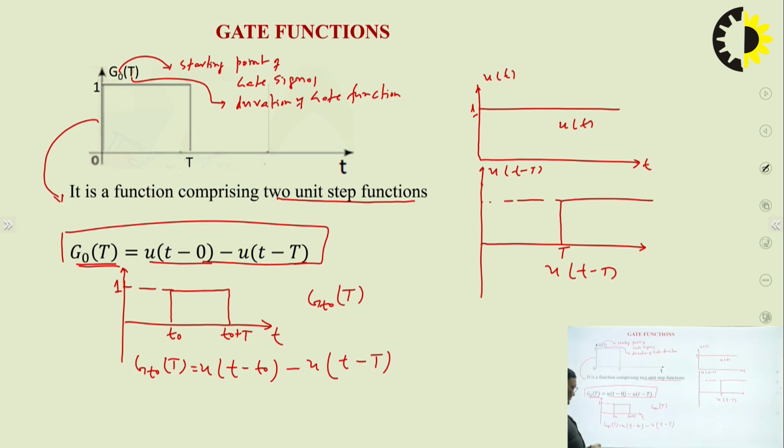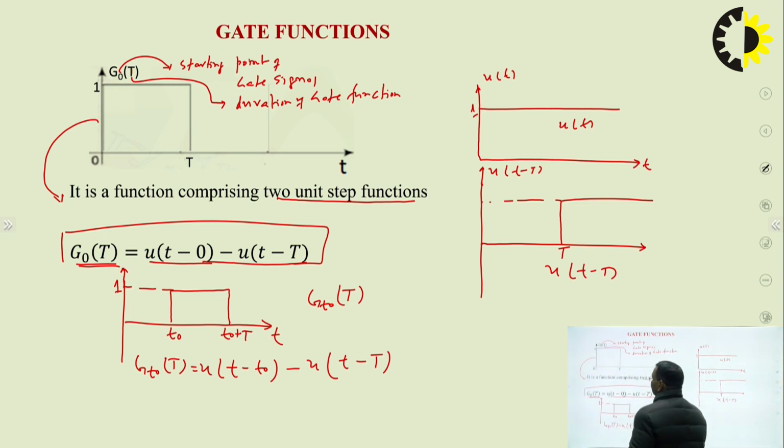It is of duration T, so T0 cancels out. We take this and deduct this one, and we can get the gate function. So what is gate function? Gate function is a rectangular pulse of unit height. So height is 1, and it is a rectangular pulse. It starts at t equal to T0 and lasts for the duration of T.